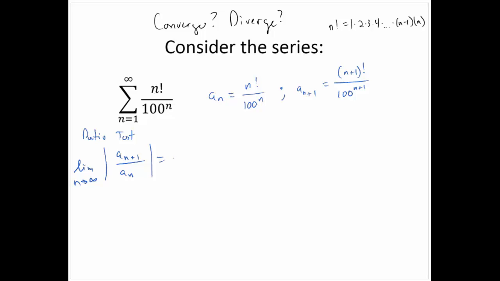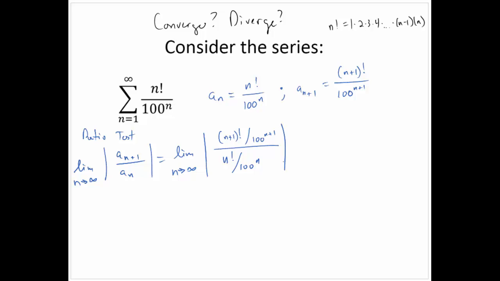So I'd have the limit, n approaching infinity, absolute value. A sub n plus 1, that would be n plus 1 factorial over 100 to the n plus 1. That's all divided by a sub n, which is n factorial over 100 to the n, enclosed in the absolute value.